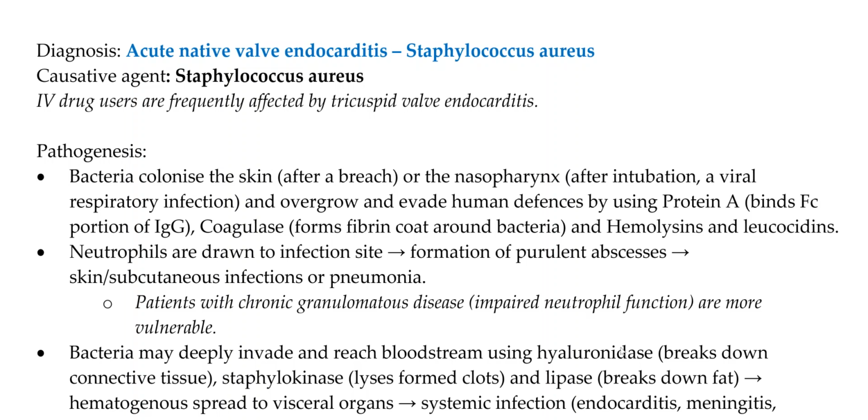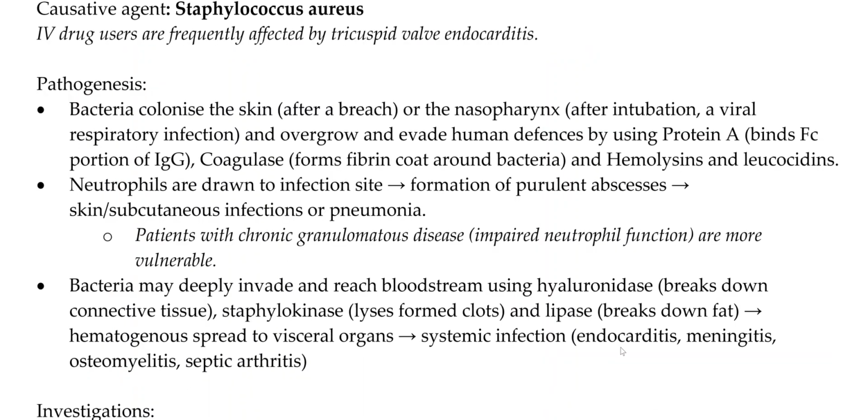Now, how does it do that? Because it has some enzymes which help in spreading. For example, hyaluronidase, which breaks down the connective tissue hyaluronic acid, staphylokinase, which lyses the clots formed around the bacteria, and lipases, which break down the fat in subcutaneous tissue. That's how bacteria may reach the blood from skin or subcutaneous tissue, or from lungs.